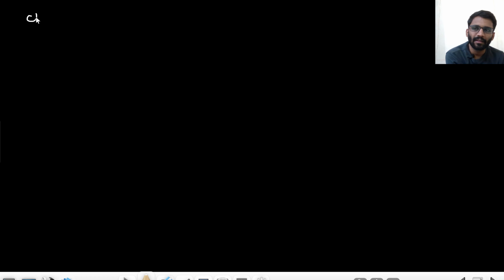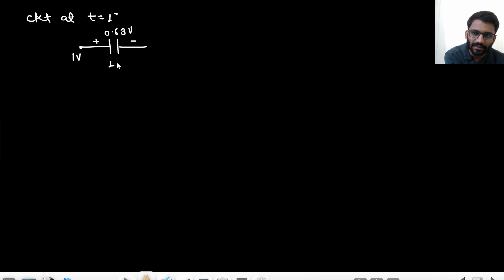So in the circuit at t equals 1 minus, this 1 volt has charged the capacitor to 0.63 volt, in this direction. This is some 1 farad and there is this resistor. Now what happens? At t equals 1 second, V in is 0.